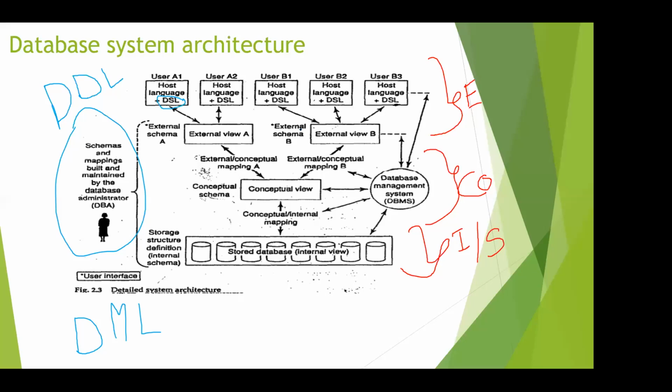The conceptual view consists of many occurrences of many types of conceptual record. Here it might consist of a collection of department record occurrences, plus a collection of employee record occurrences, plus a collection of supplier record occurrences, plus a collection of part record occurrences.